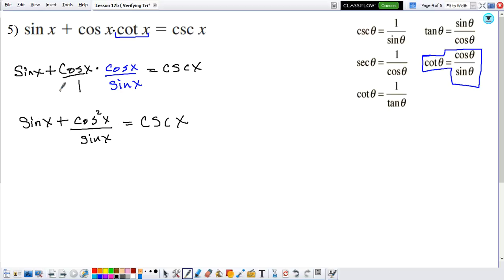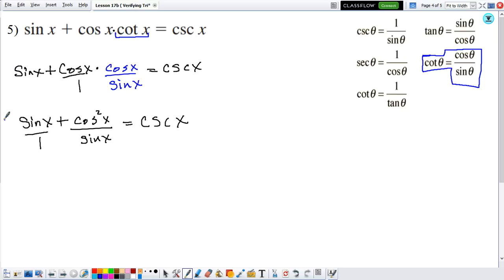So now, remembering that if we're going to be adding two fractions, they need to have the same denominator. I notice that the denominator on one of the fractions is sine, so I need to make the other denominator sine as well.